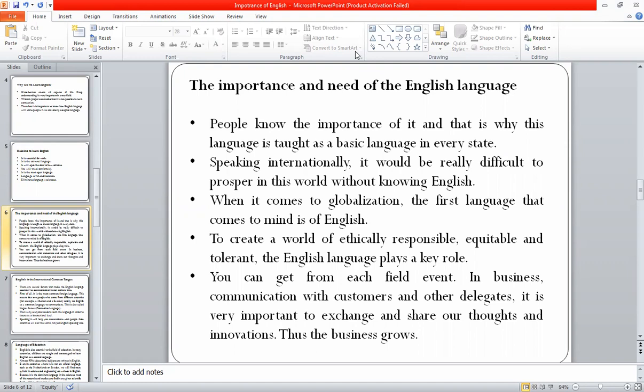It is not possible, because in foreign countries you will have to know their language, or you will have to be able to speak English. So without English, it is very difficult to prosper or to live in foreign countries, outside of India.